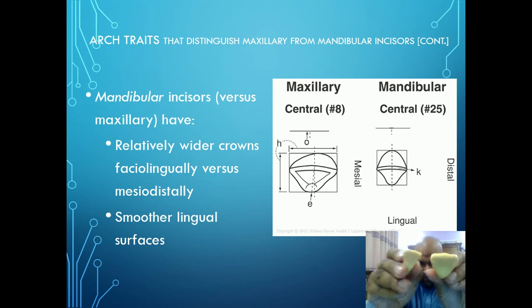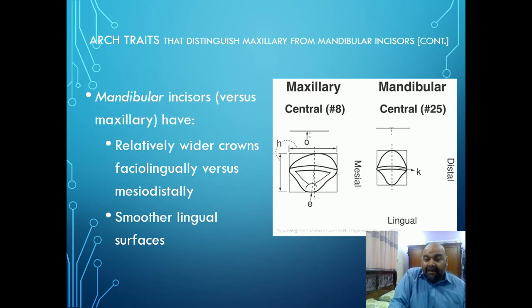Here you are. Okay, so if you compare them, the maxillary centrals are usually wider mesiodistally as compared to faciolingually, while the mandibular centrals have smoother lingual surfaces.